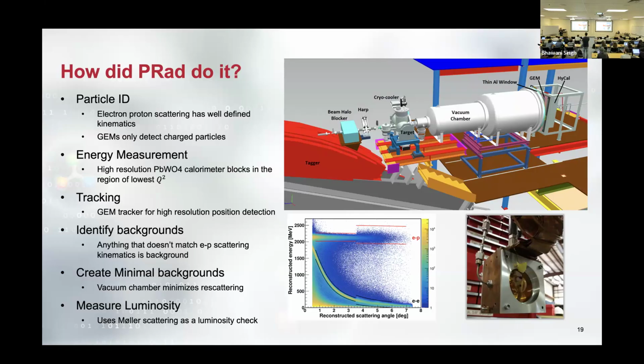It's thicker. Here, I keep saying I wasn't involved with PRAD1. I'm only involved with PRAD2. I should caveat that, but the target was in here, and this chamber right here is in the middle of this. Hydrogen is pumped in, and if you stare really closely right here, you can see a little circle in the middle.